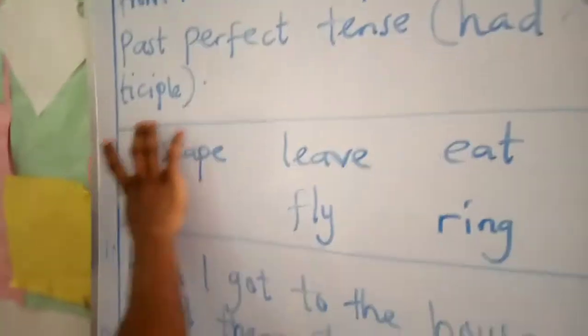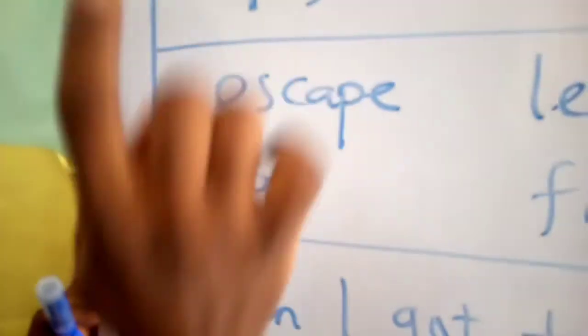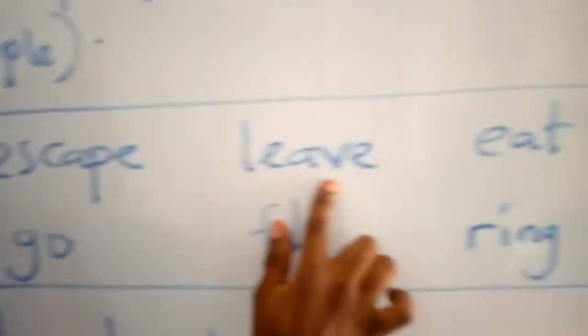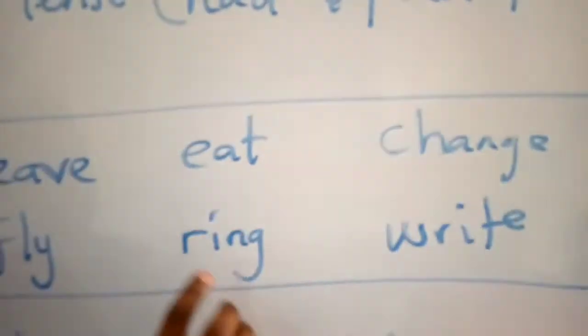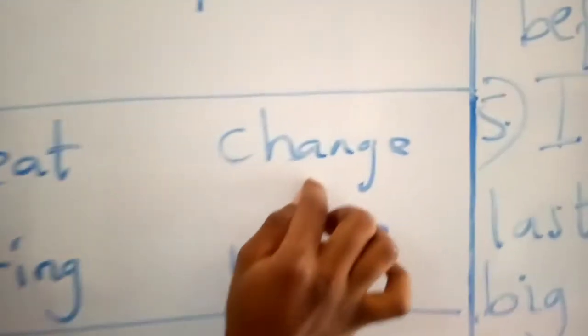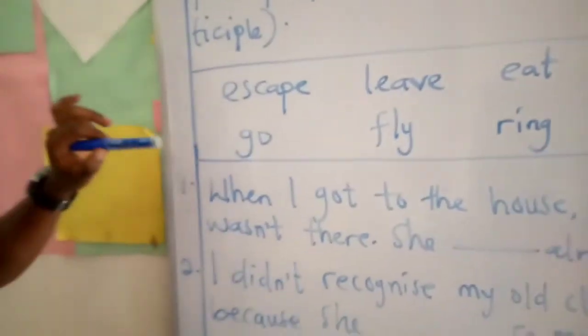We have a list here of action words: escape, go, leave, fly, eat, ring, change, write. So we are asked to pick the correct one.